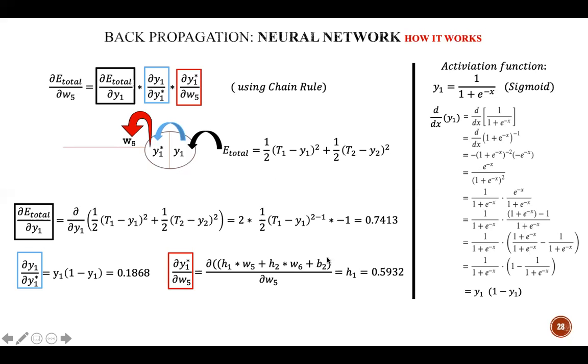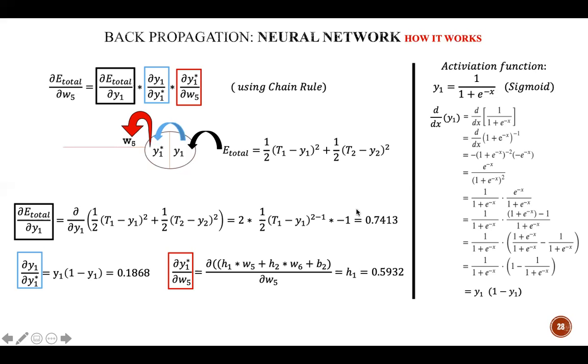Why? Because the partial derivative of this term will be 0, this would be 0, and this is the only one that has W5 as a variable, and this would be 1 multiplied by h1, which gives you h1. And the value of h1 we calculated in the previous slides, and this is the number.